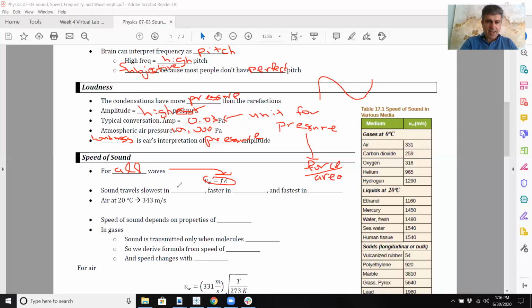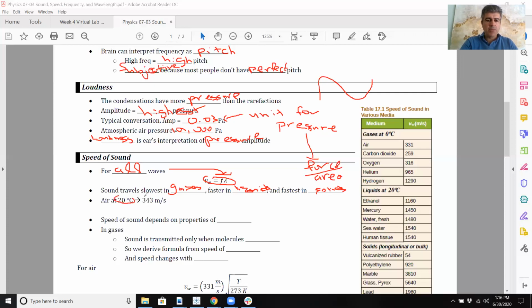Sound travels slowest in gases, faster in liquids, and fastest in solids. So you expect the speed of sound to be faster as you go from gas to liquids to solids.